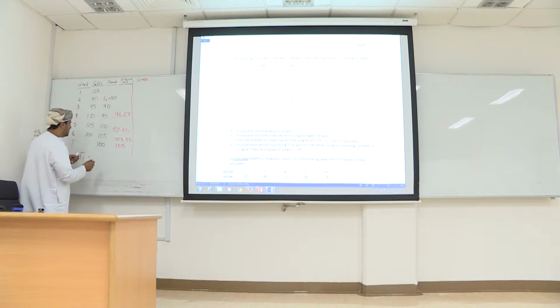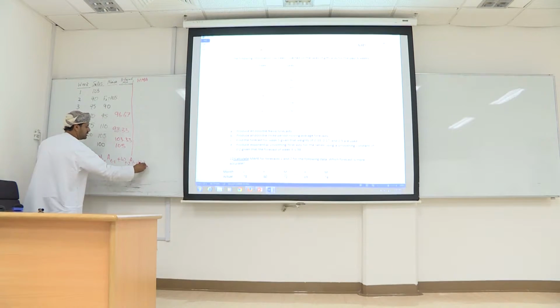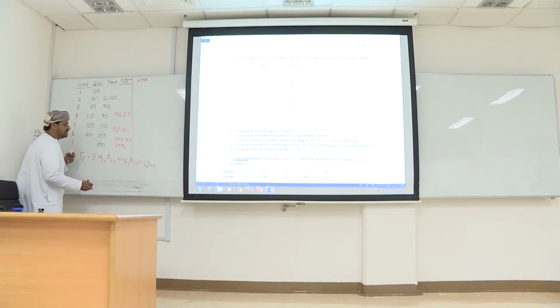As you can see, they are given in here, but the formula for it is simply the summation of the multiplication of W(t-1) by A(t-1), for all periods. So if you have 3 periods, then the same thing: W(t-2) multiplied by A(t-2) plus W(t-3) multiplied by A(t-3).